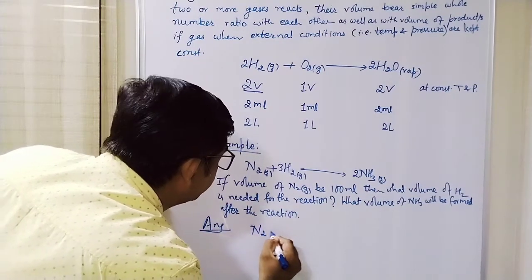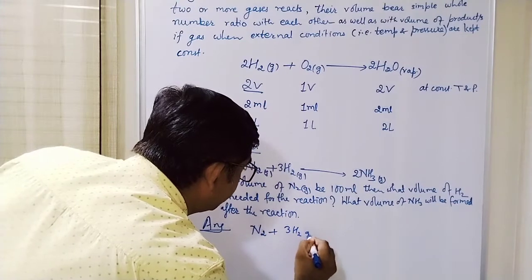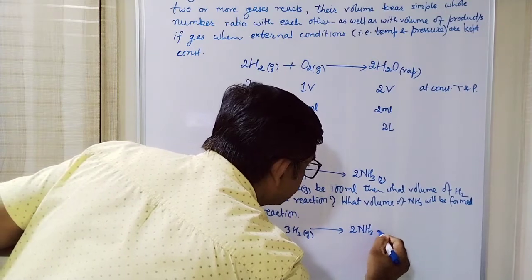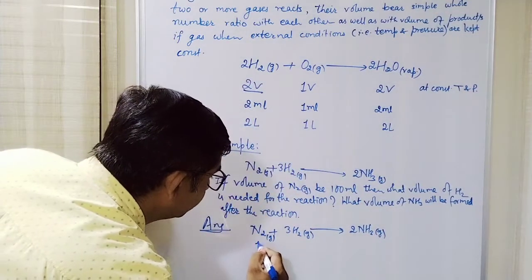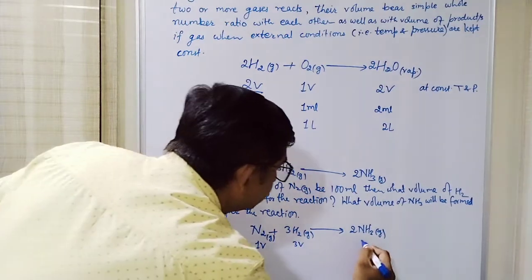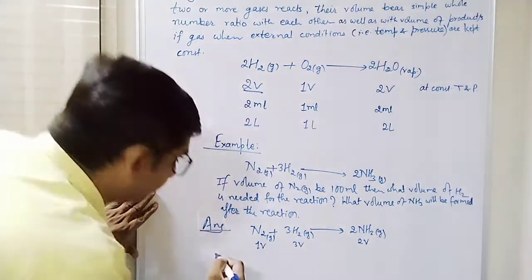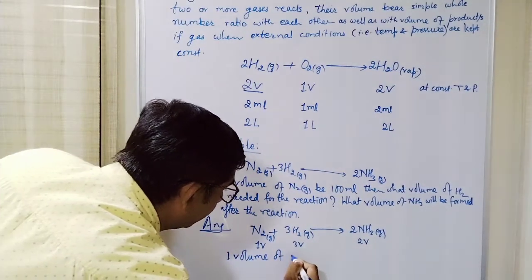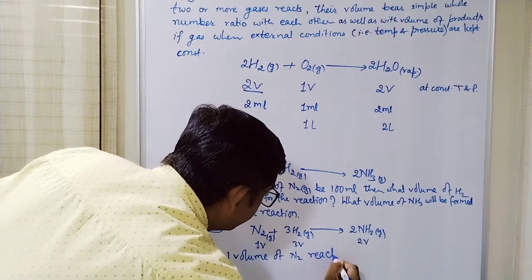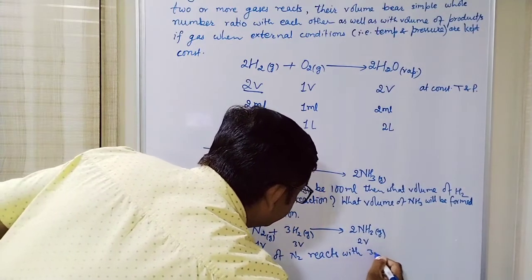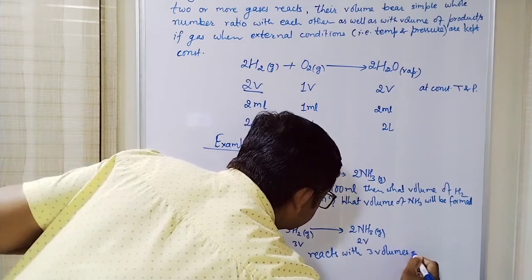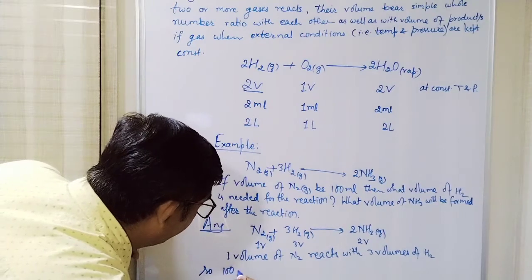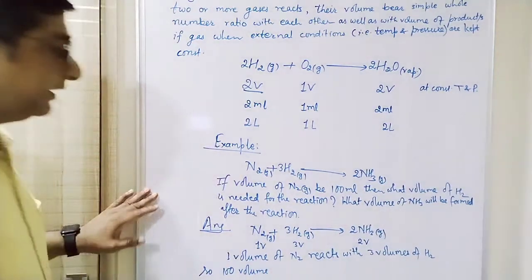So here N2 is reacting with 3H2. This reaction will be given to you, or you already know the reaction, so you can just write it down. So 1 volume of N2 reacts with 3 volumes of H2 to give you 2 volumes of ammonia. So 100 ml I have taken.